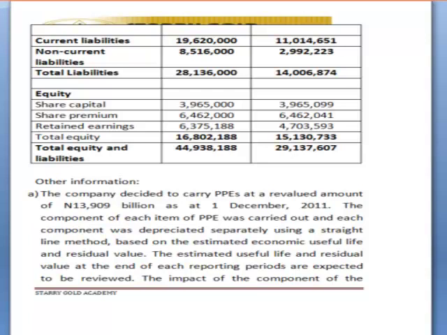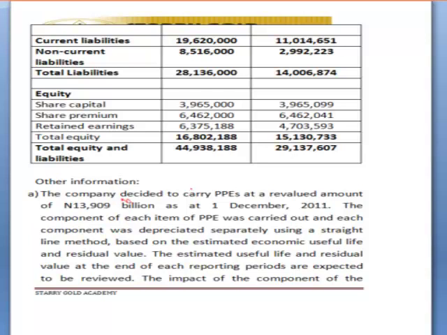Now, in the other information section, you were told that the company decided to carry property, plant and equipment at a revalued amount of 13.9 million as at 1st December 2011. The component of each item of property, plant and equipment was carried out, and each component was depreciated separately using a straight line method based on the estimated economic useful life and residual value.